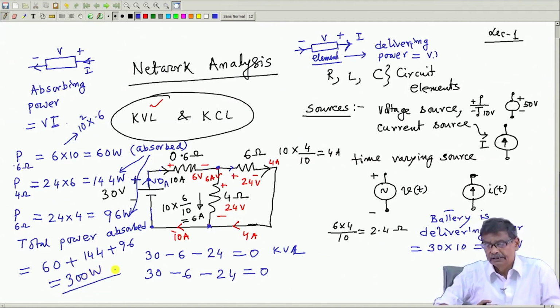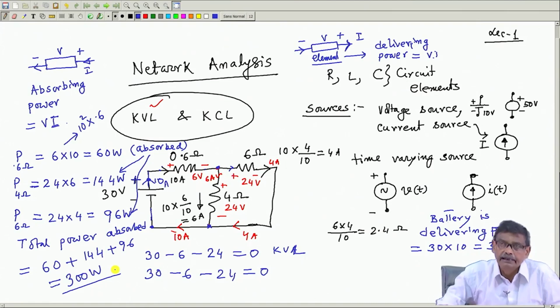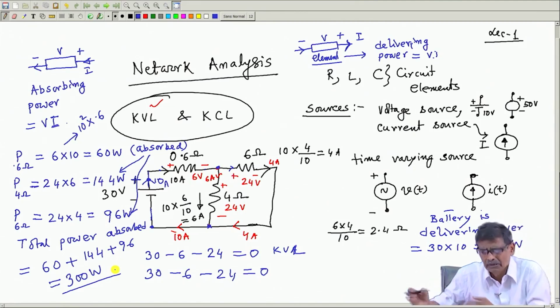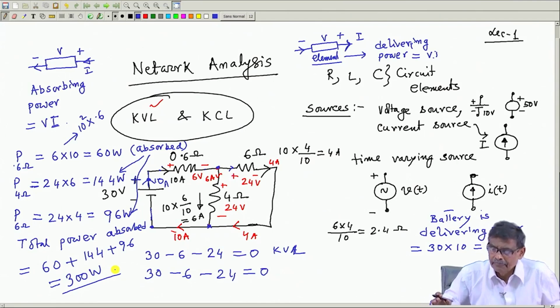So, the point to be noted is this: in any network, however complex it is, with time varying voltage source, with RLC, all things present, KVL and KCL must be satisfied at all times, and the power balance must also be true at all times. This is one of the very fundamental things I must tell you.